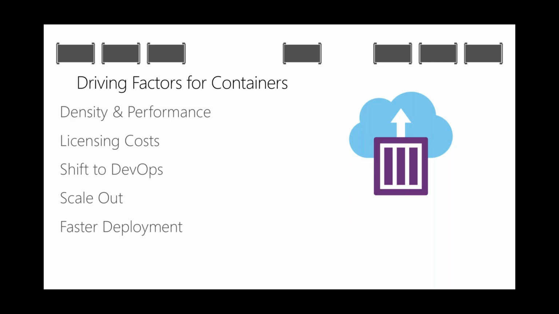Scaling out is very important based on demand. The infrastructure may require additional containers, and we can enable that by setting up the AKS service. Faster deployment, since we're leveraging Azure DevOps and CI/CD, we're able to scale up many new environments very quickly with a single command.